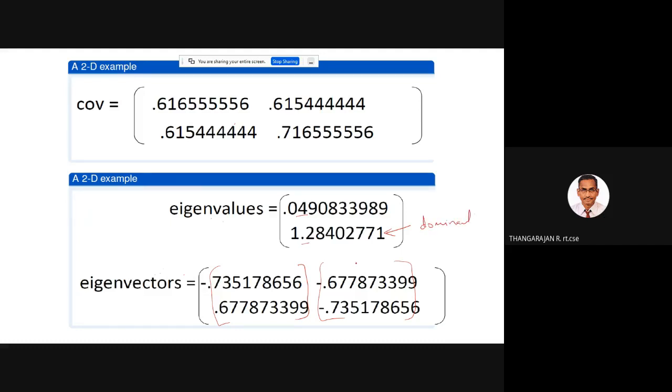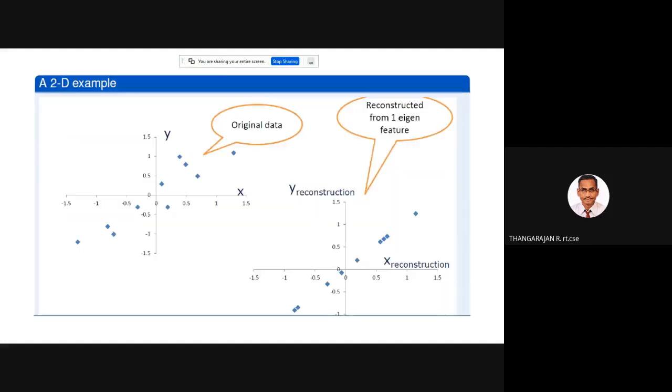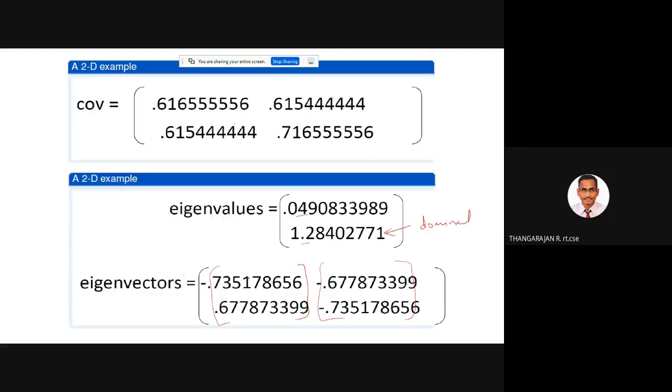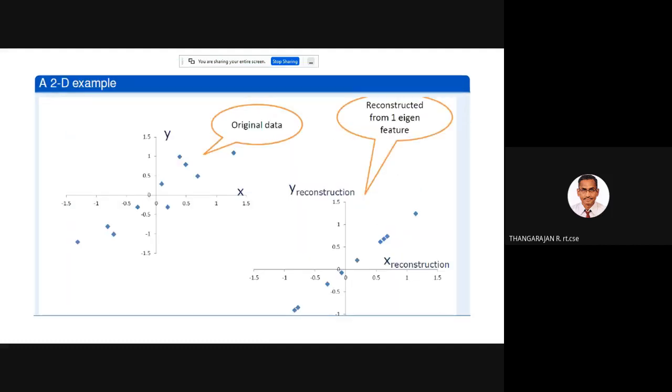After having these two eigenvalues, I reconstruct x and y on these axes. These are my new axes, the new basis, V1 and V2. I use the dominant eigenvalue, and when I plot the data, you find it is now dispersed in this manner.